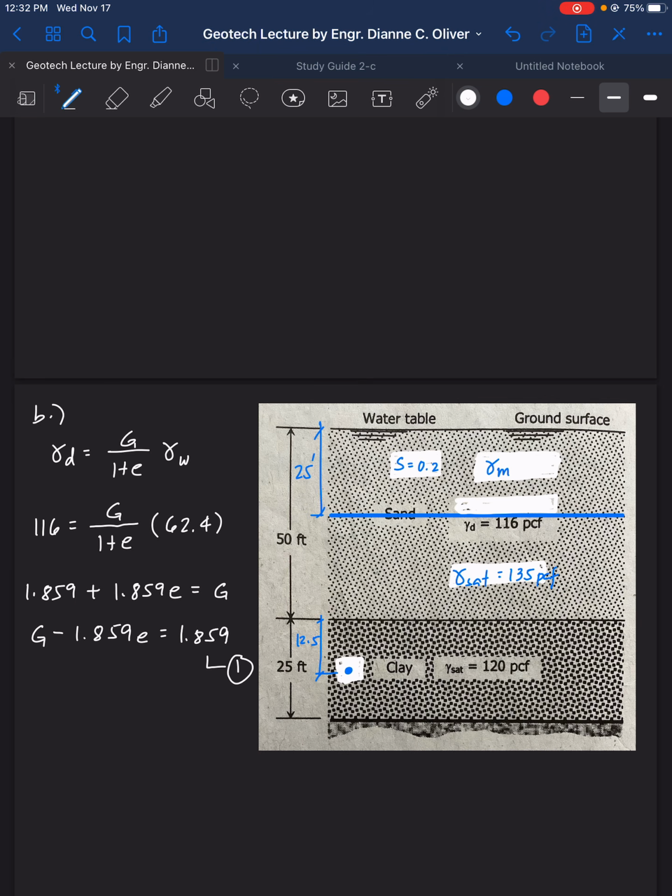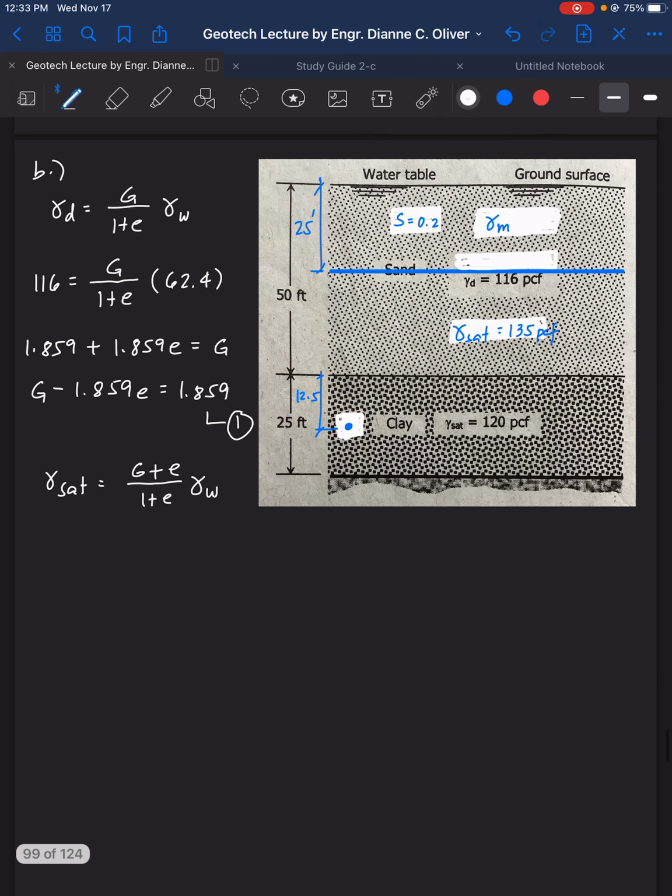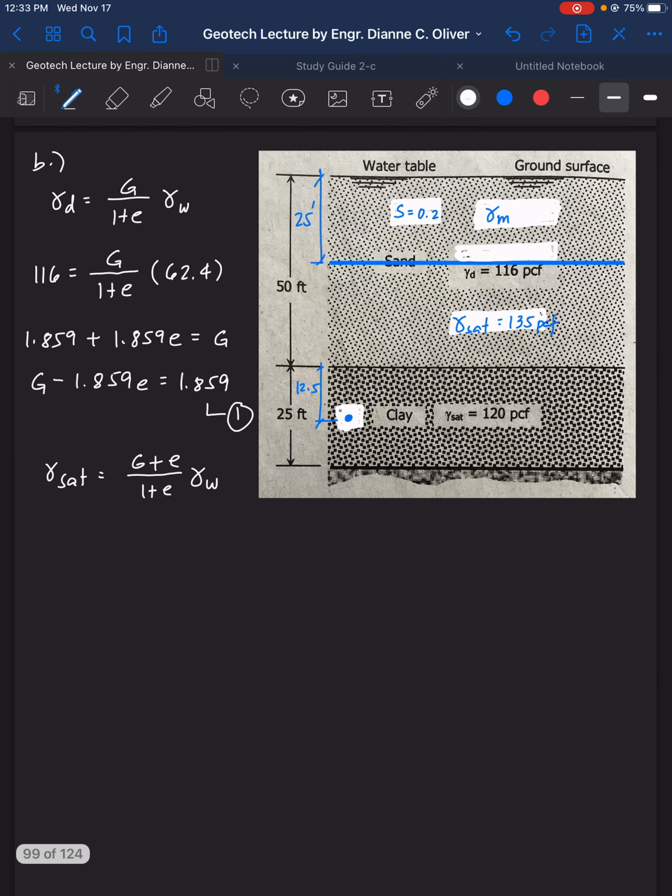The second equation is gamma sat. So gamma sat is equal to G plus E over 1 plus E gamma of water. So gamma sat is given for sand as 135, G plus E over 1 plus E, gamma of water 62.4.